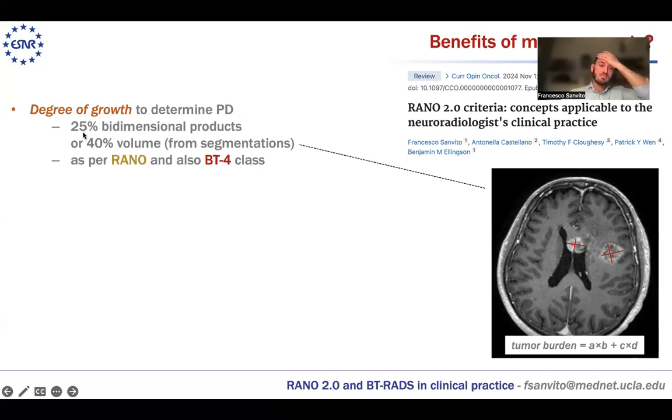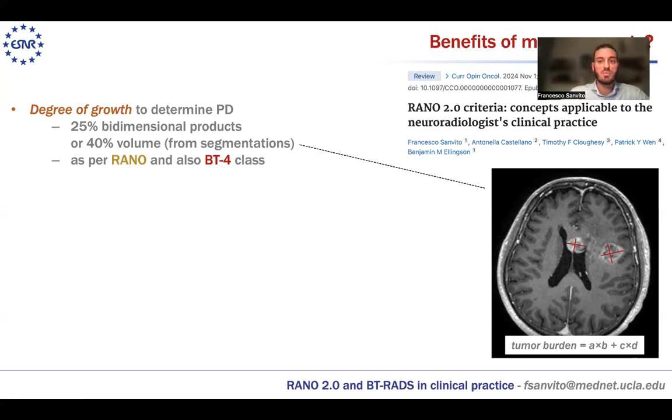And of course, these magical numbers of 25%, 40% volumetric don't really have to be used religiously in clinical practice. You can also call a progression with 20% or 18% or whatever if you're convinced that the tumor is growing. But this gives you an idea of the order of magnitude. So let's not call a progression if you eyeball a little bit of growth that quantitatively boils down to 10%, 5%.